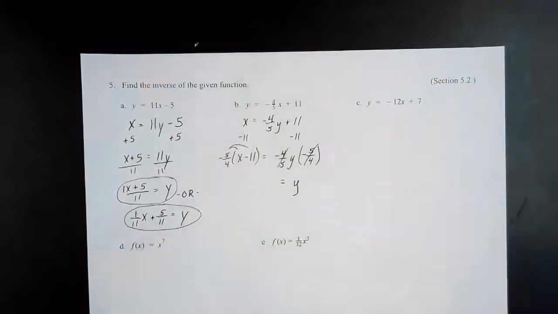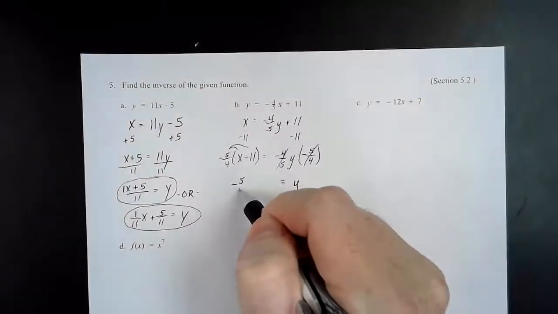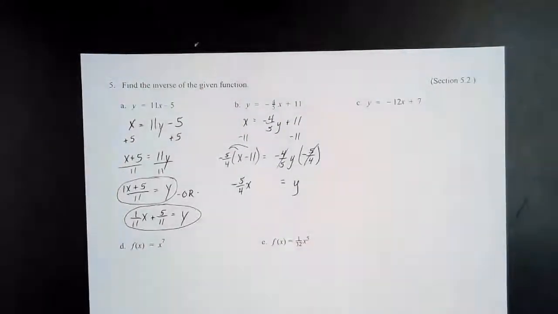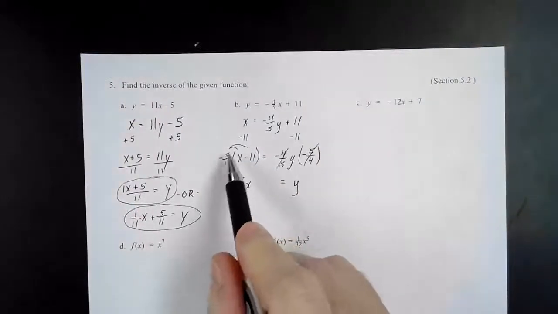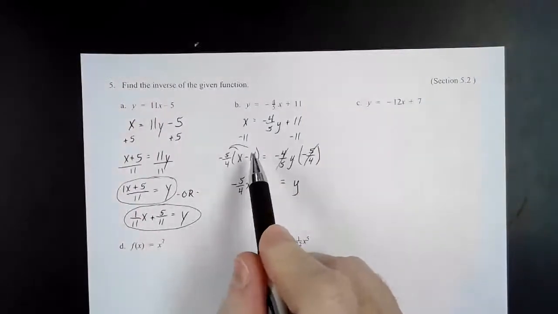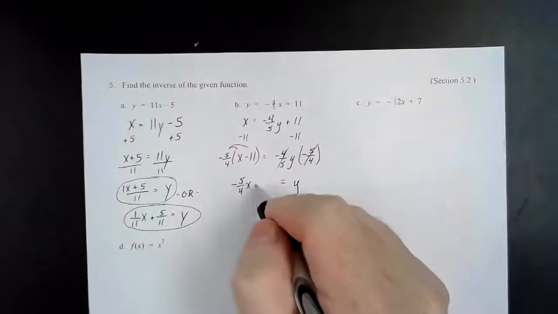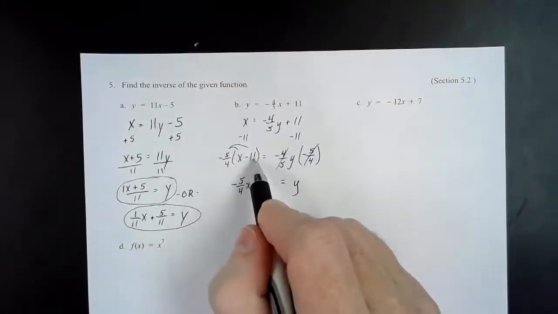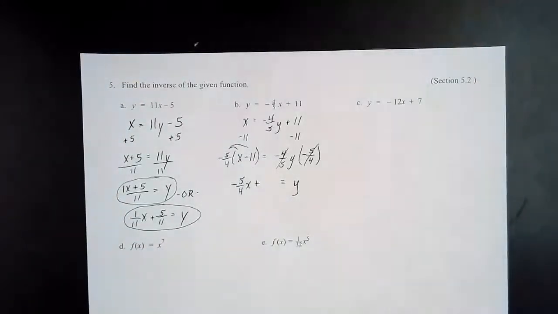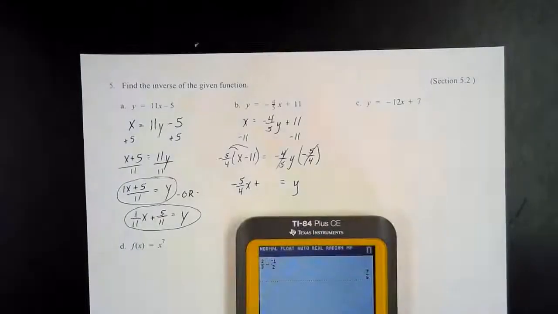So now I'm going to distribute. Negative 5/4 times x is just a negative 5/4x. And now times the negative 11. So negative times a negative is going to be positive. 5 times 11. And you can do this on the calculator. I'll show you how to do that actually.